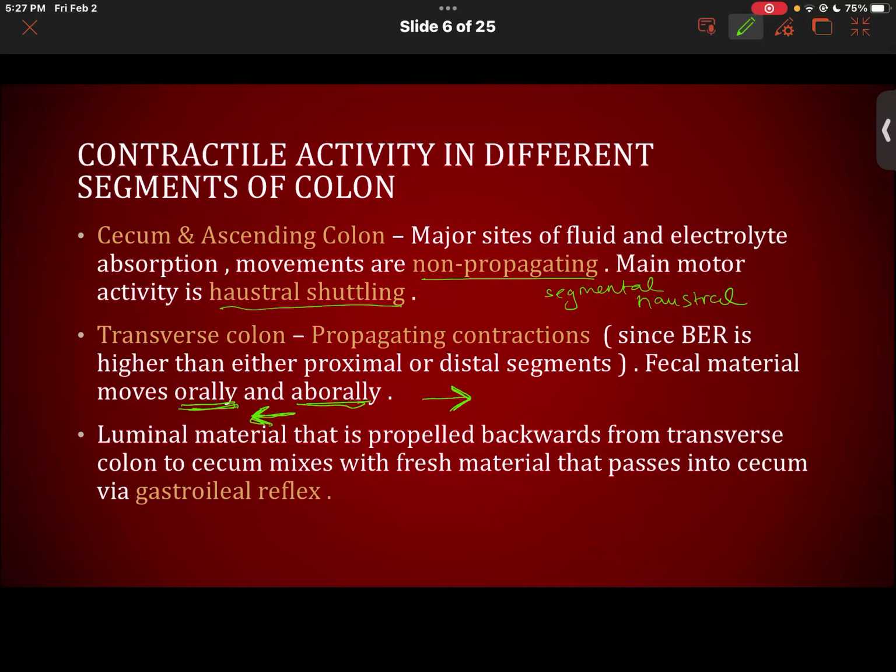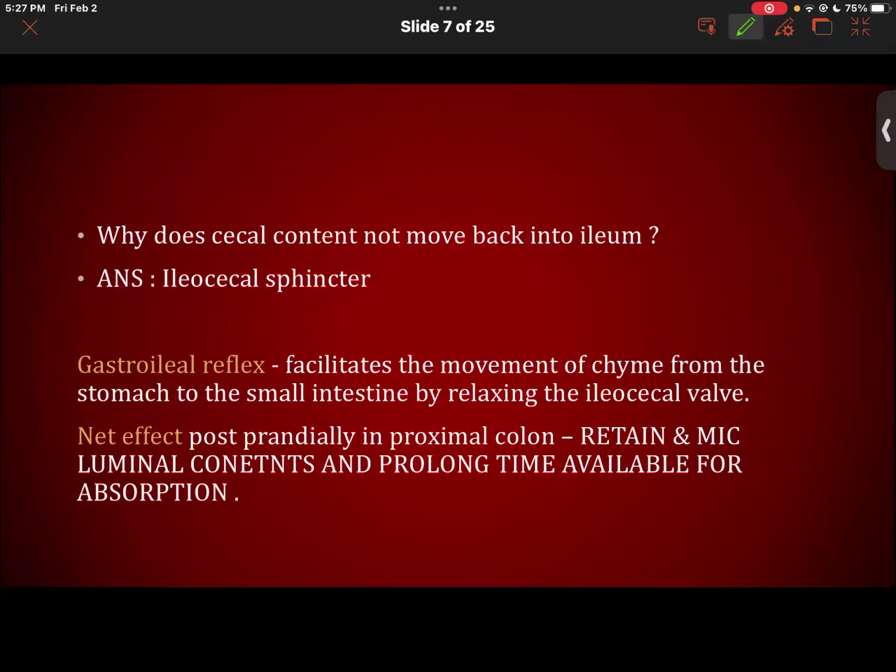So the cecum is the first part of the large intestine. And we obviously have chyme moving from the small intestine into the cecum. So when this moves backwards from the transverse colon, it's mixed with fresh material that has just come from the small intestine via the gastroileal reflex. I think you might have studied the gastroileal reflex in earlier lectures, but I still mentioned it here. And I have a full definition of it over here.